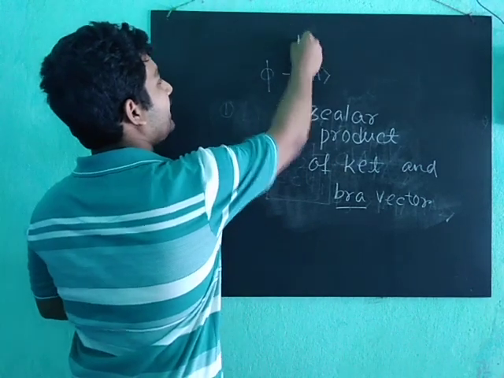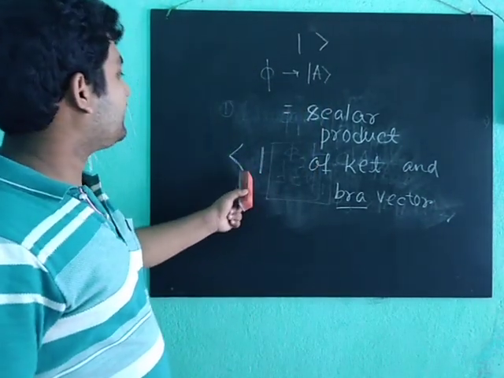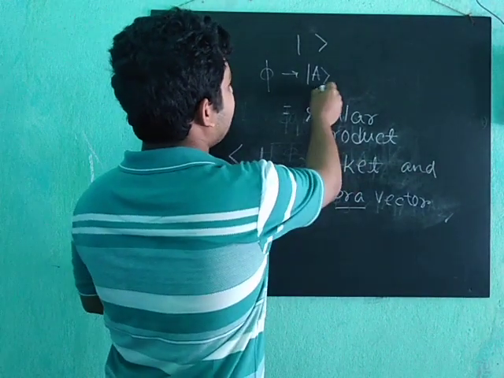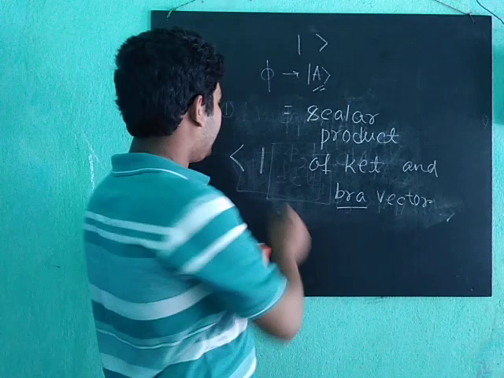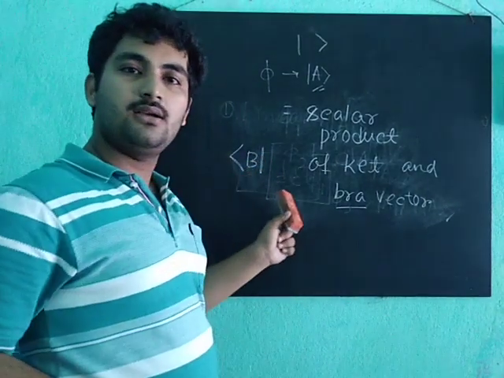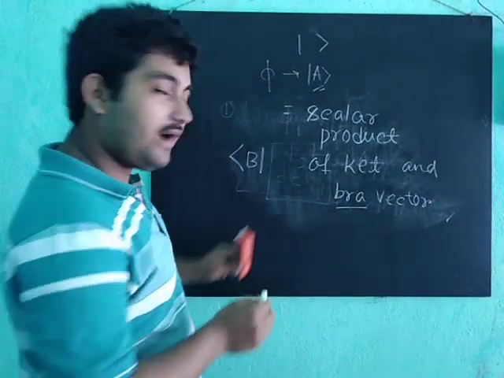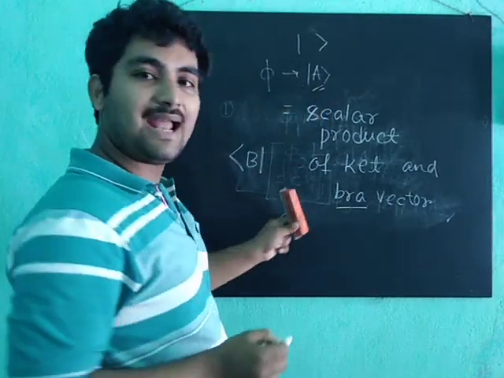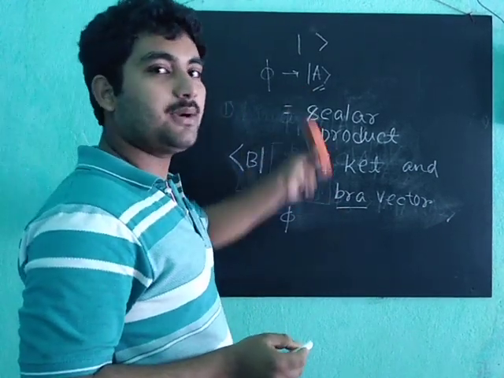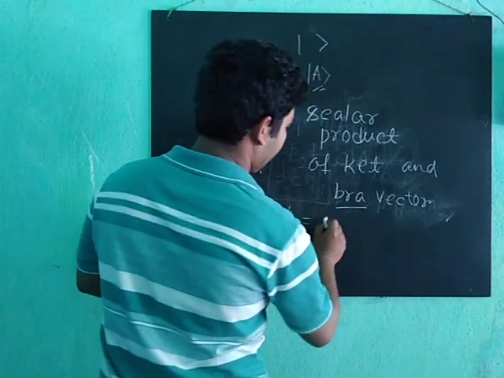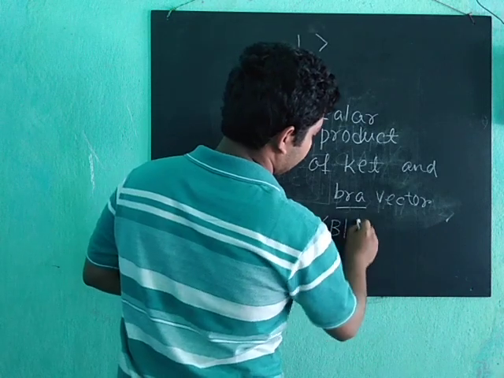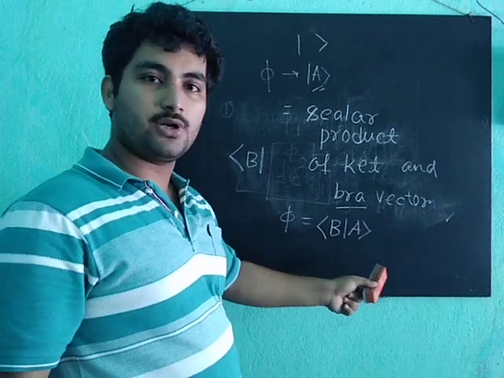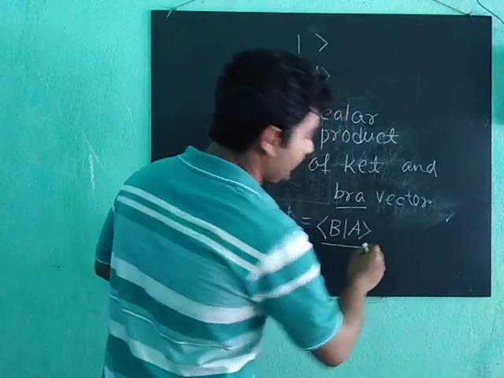Ket vector is denoted as this and bra vector is denoted as this. Now A is a ket vector and suppose B is a bra vector. Then phi is the scalar product of this and this, and the scalar product, this number phi, is denoted as this.